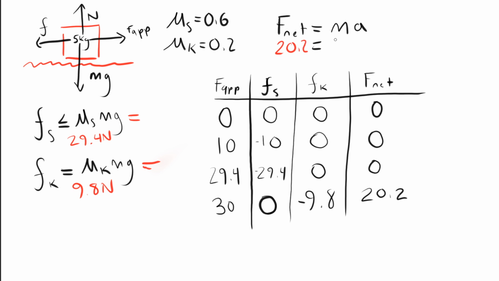The mass of the object is 5 kilograms. So I just have to divide 20.2 by 5. Acceleration then equals 20.2 divided by 5. That's going to be right around 4. Hold on, let me actually get my calculator out real quick.